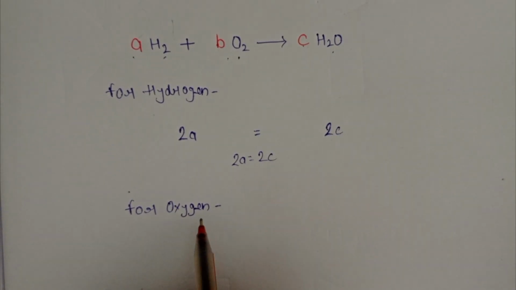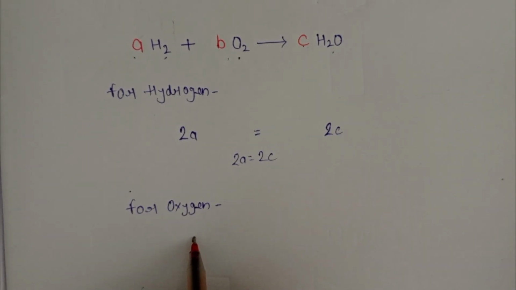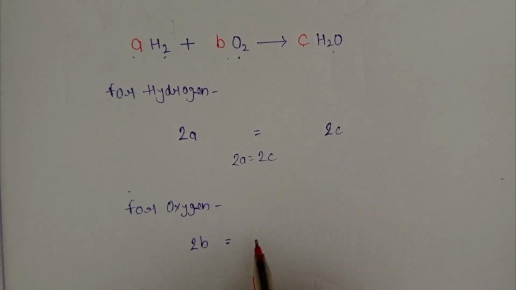So their coefficients give B on the left, and on the right there is no more than one atom, so we write only C. According to the law of conservation of mass, reactant side is equal to product side. So 2B is equal to C.